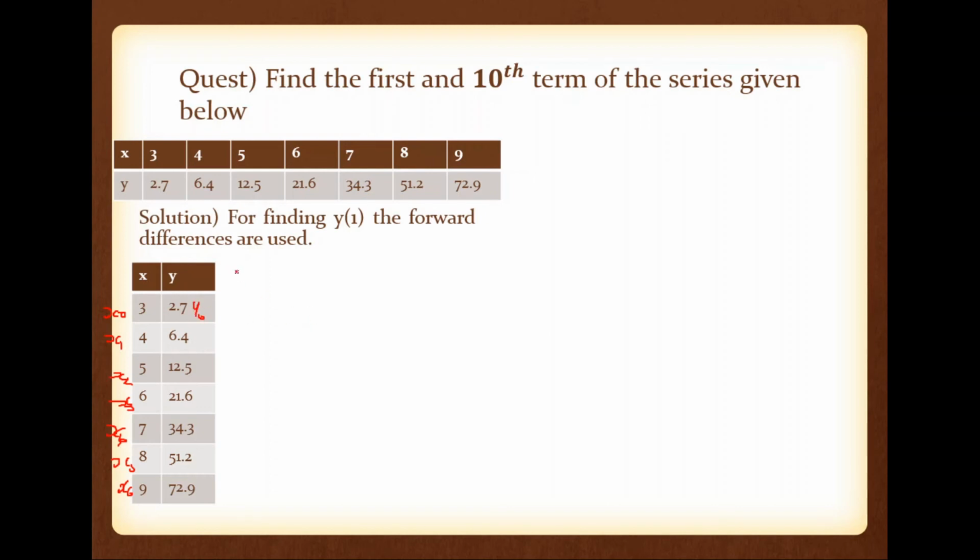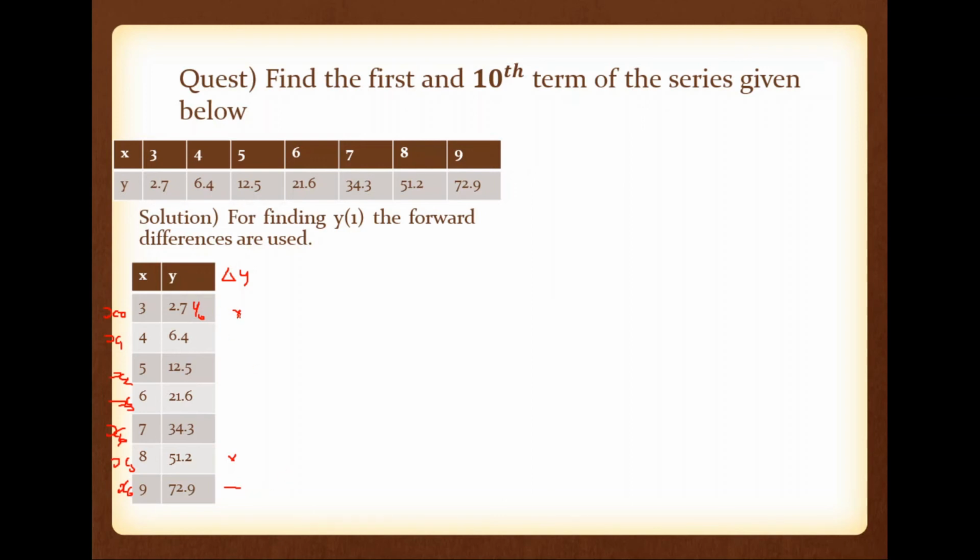Now by using this, you have to find delta y. First forward difference delta y. So this is delta y0, delta y1, etc. You can find up to this point. If you are finding first forward difference, the last element will be absent.